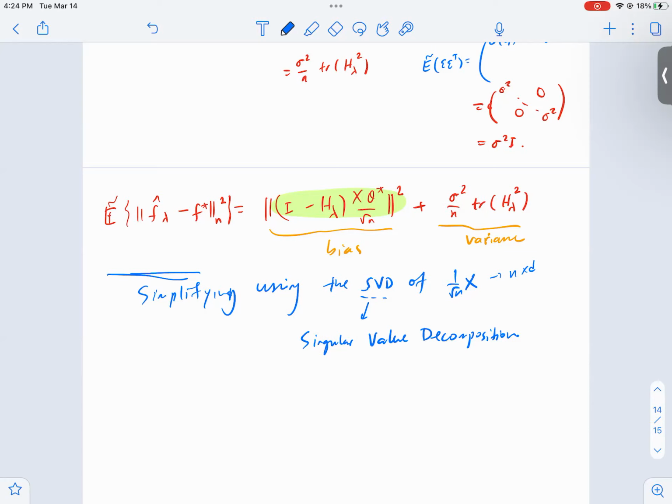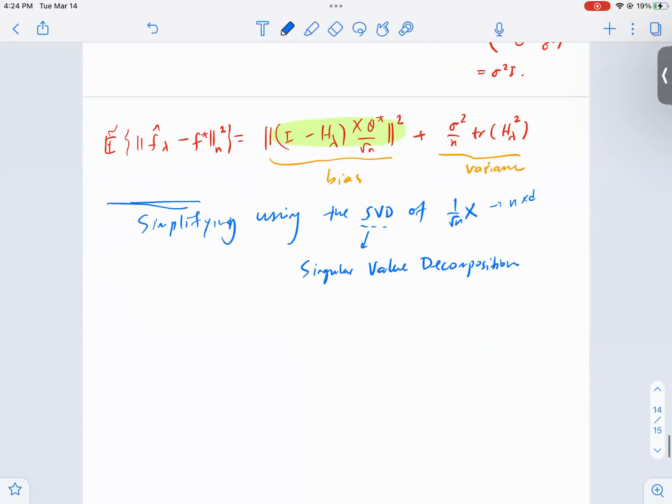I'm not going to go into details, but the end result is very easy to remember. It's a particular decomposition that makes X look like a diagonal matrix. Eigenvalue decomposition makes a symmetric matrix look like a diagonal matrix. SVD is a similar thing for general rectangular matrices, and diagonal matrices are easier to work with.